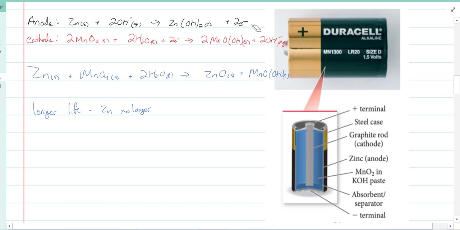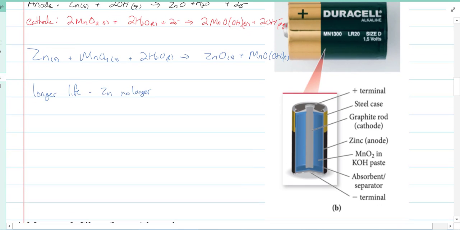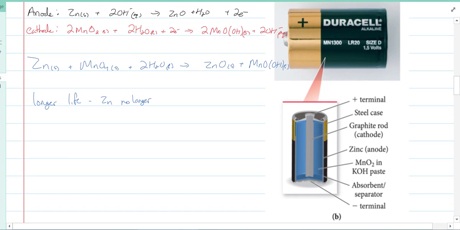Just notice that. It's zinc oxide plus H2O. There we go. That's a little fix there. So longer life. Zinc no longer reacts with the acid. Also, it has actually higher power, something we wouldn't know.